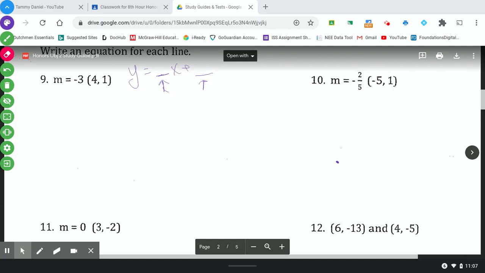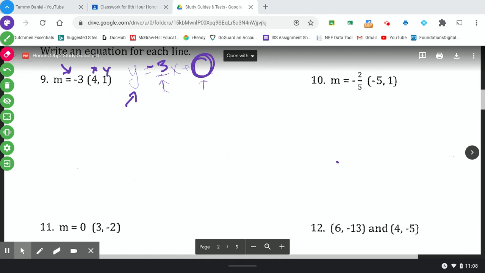So they gave us M. That was really nice of them. So I can go ahead and plug that -3 in right there, right? Now I need this B back here. So what I can do is use this equation and plug X and Y in.